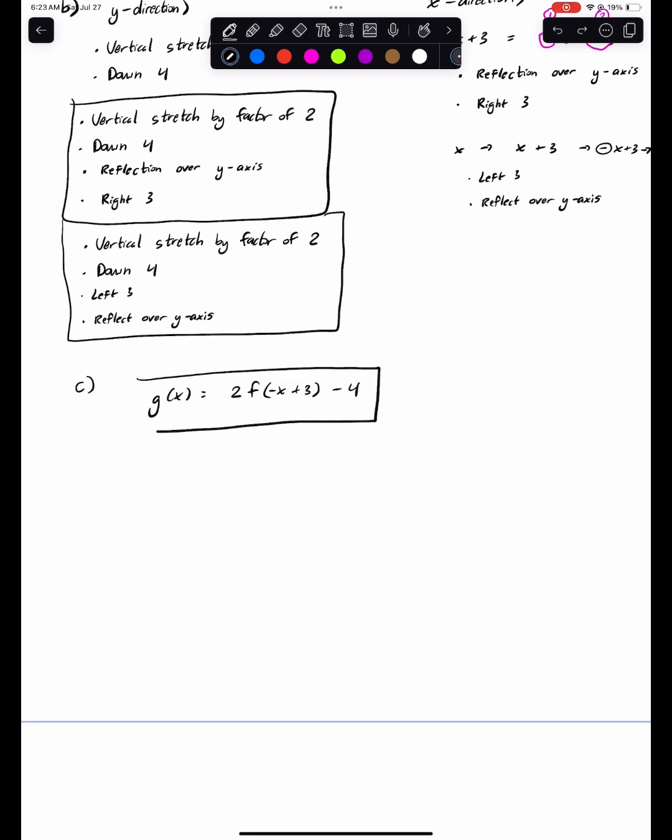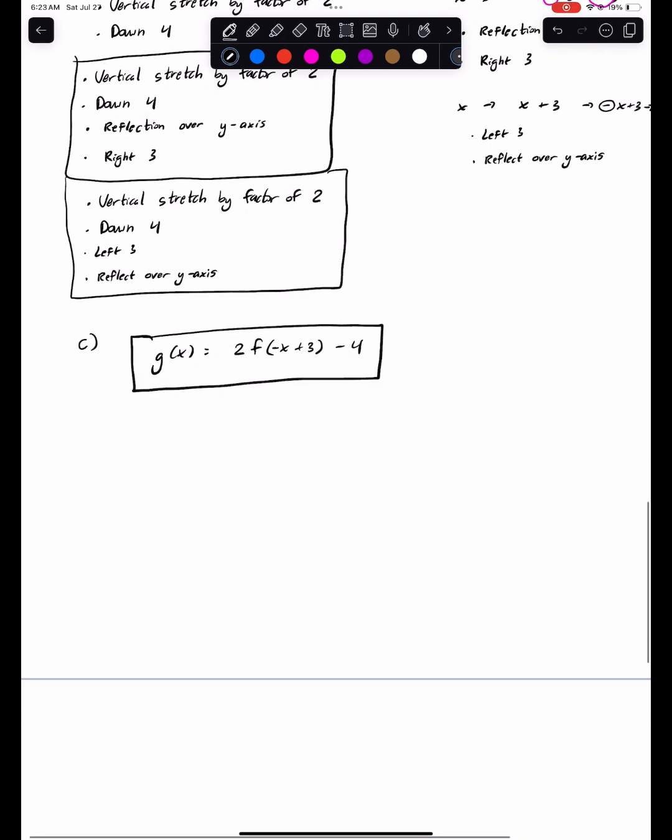If you went through the steps one by one, you also get the same thing. So for the first version here, you have f of x, then you get the vertical stretch by 2, so 2 f of x, and down 4, so you have 2 f of x minus 4, right? So let me color code. This is 1, this is 2.